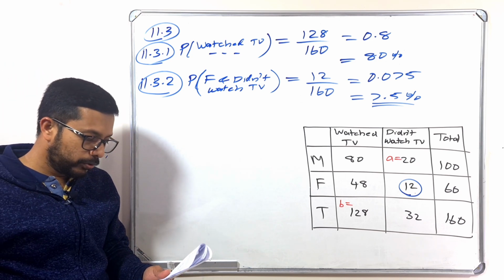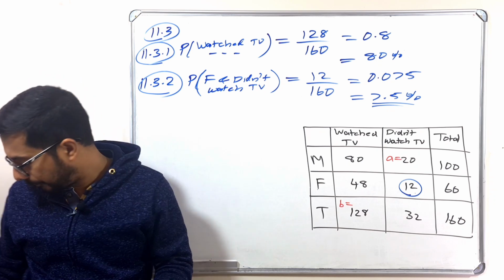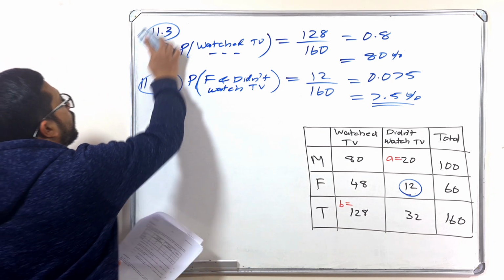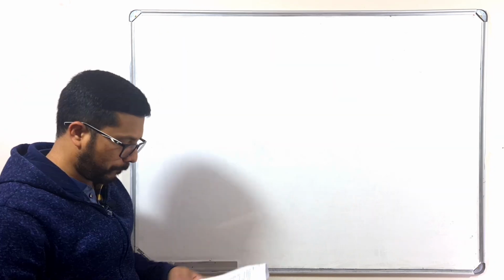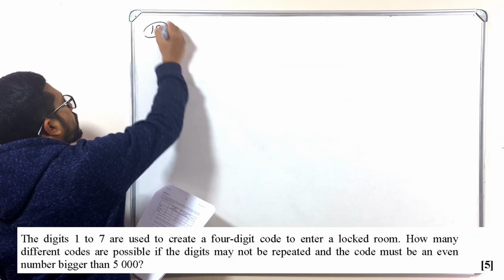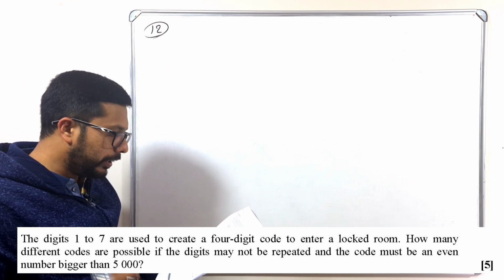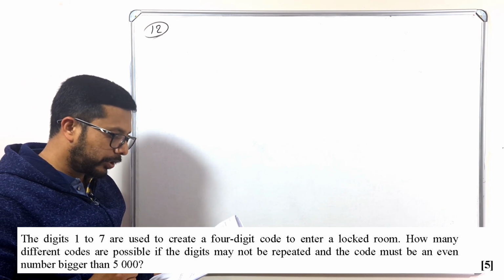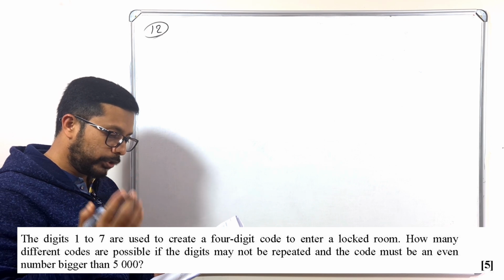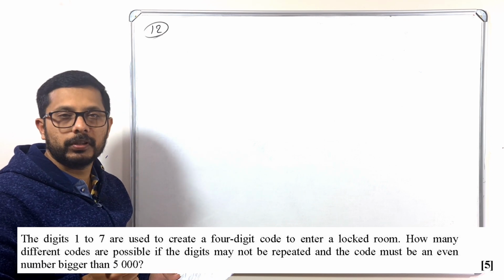Now we have to go to question number 12. What is question number 12? The digits 1 to 7 are used to create a 4-digit code to enter a locked room.